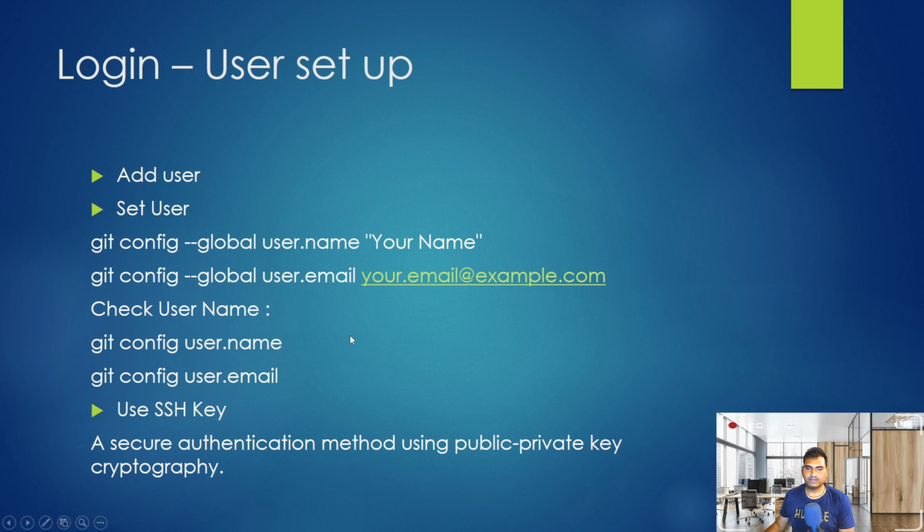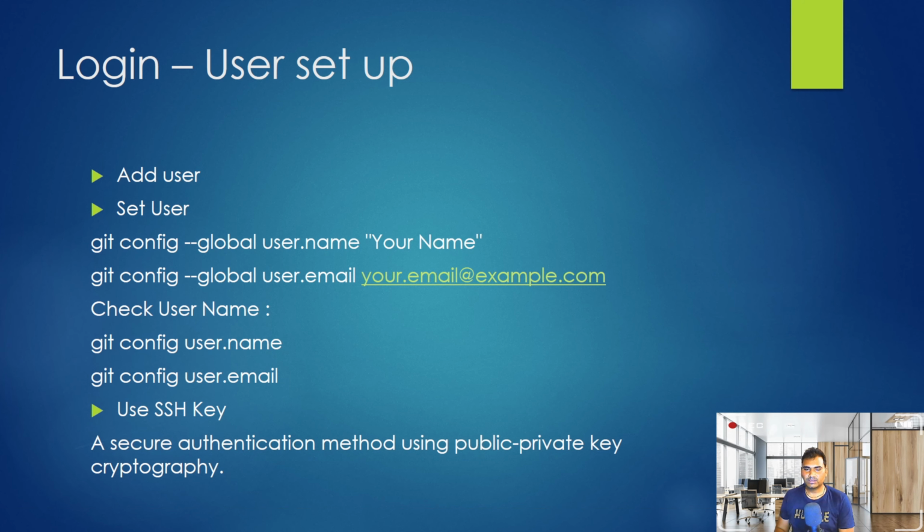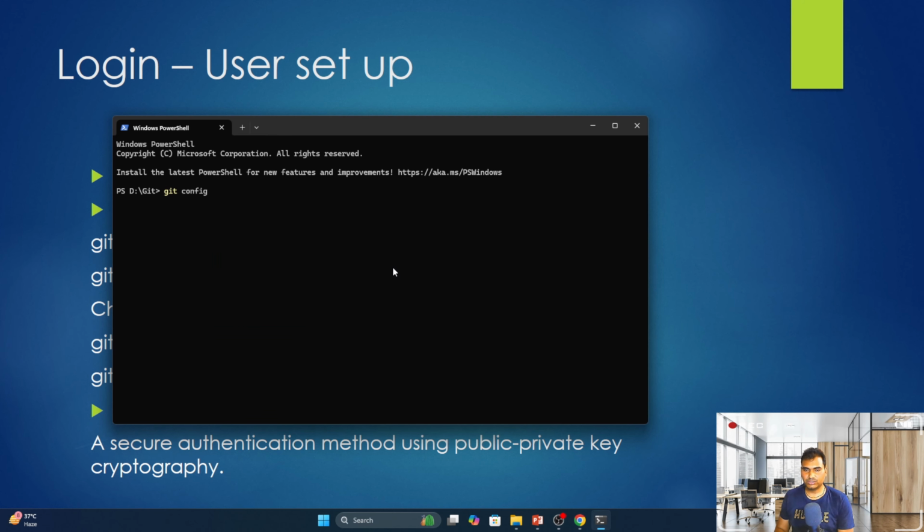Like git config. So let me show you, and let me type git config user.name, and press enter. Here you can see I am getting my name, Ramkesh Game Dev.